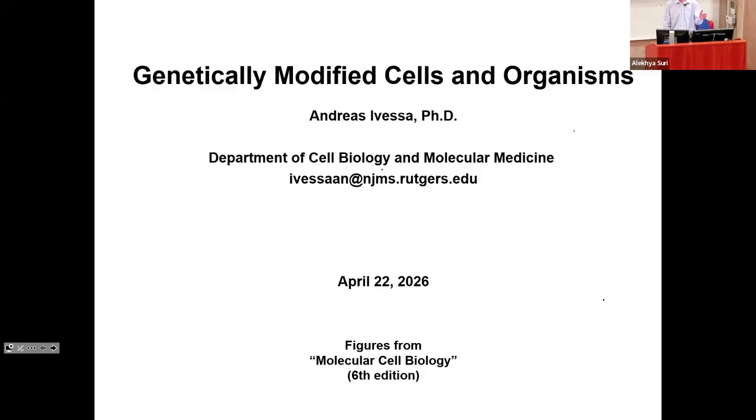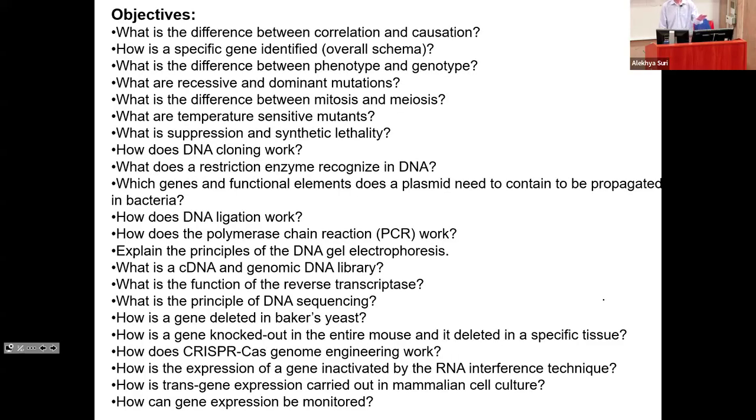So anyway, let's get started. So this will be about how to genetically modify cells and organisms. Again, these objectives should make it a little bit easier to know what to focus on.